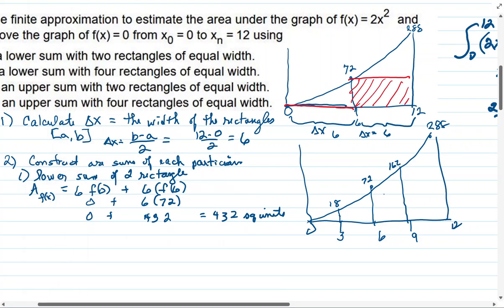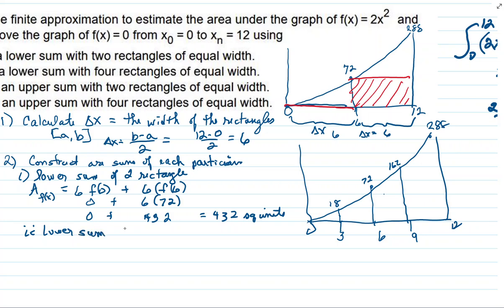And we're going to do 4 on the lower. So if I do that, the parts are 3. Delta x is now 3.